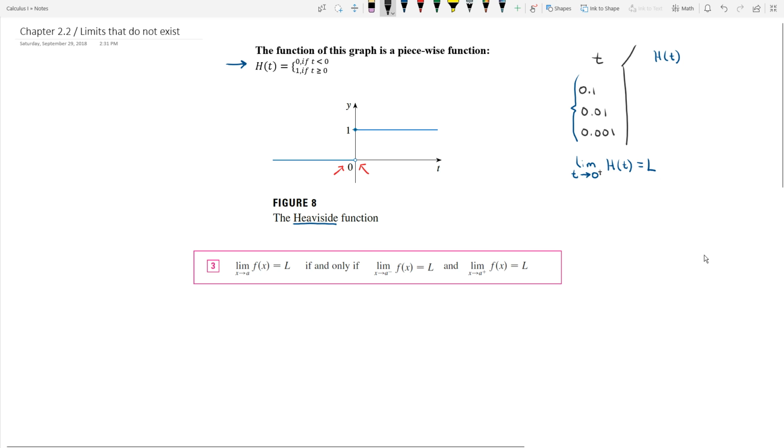So as we approach 0 from the left side, we would want something smaller than 0. In that case, it could be negative. We could use the same 0.1, negative 0.01 and negative 0.001.